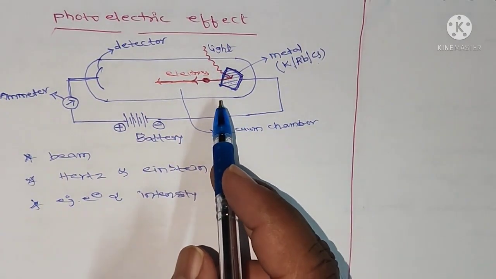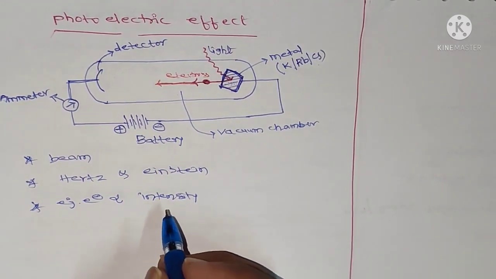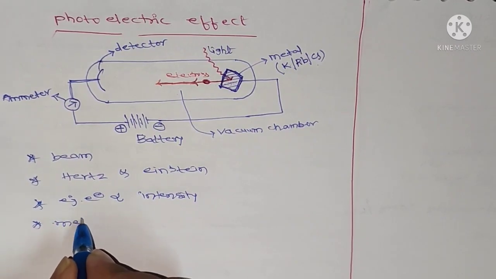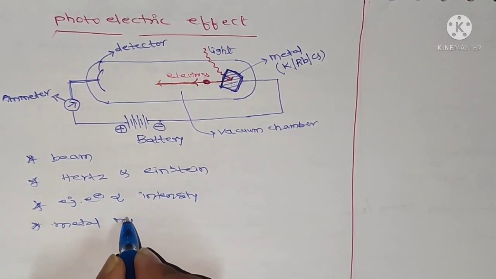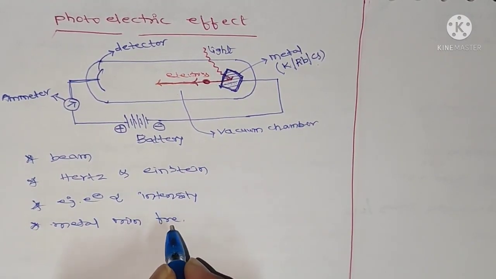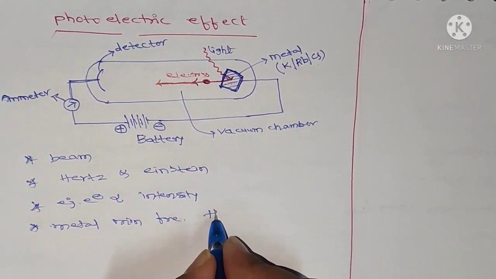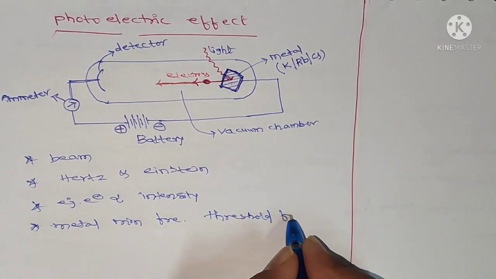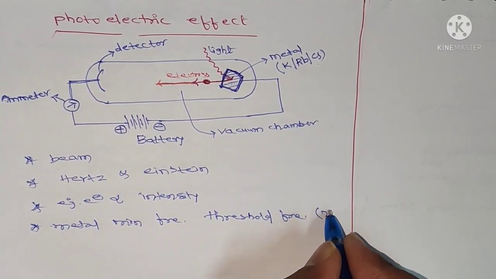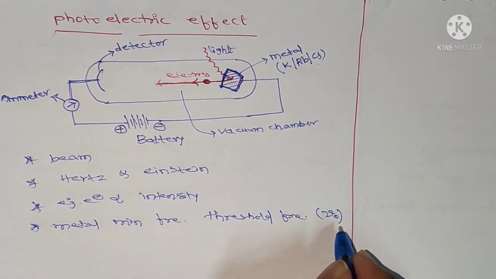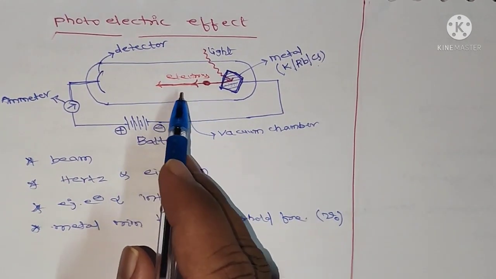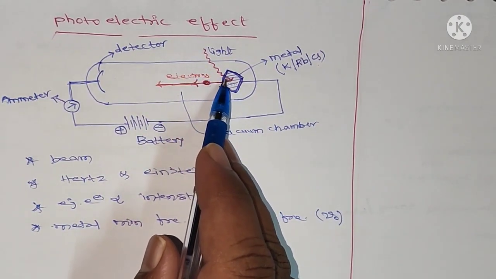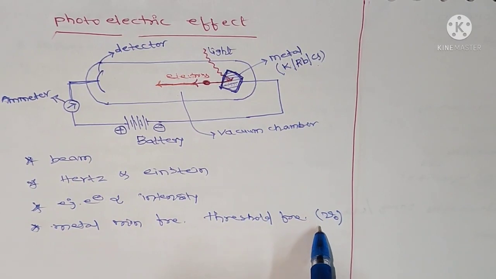And every metal has a minimum frequency called the threshold frequency. Threshold frequency is represented by mu naught. And the photoelectric effect is not observed if the incident light frequency is less than the threshold frequency.